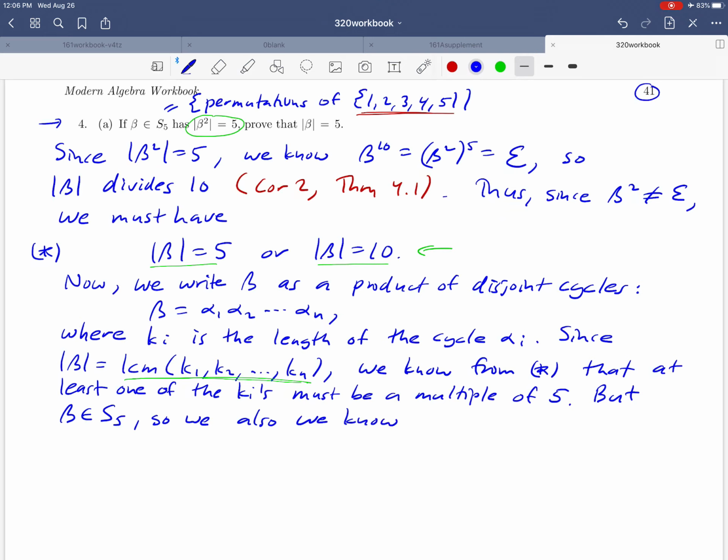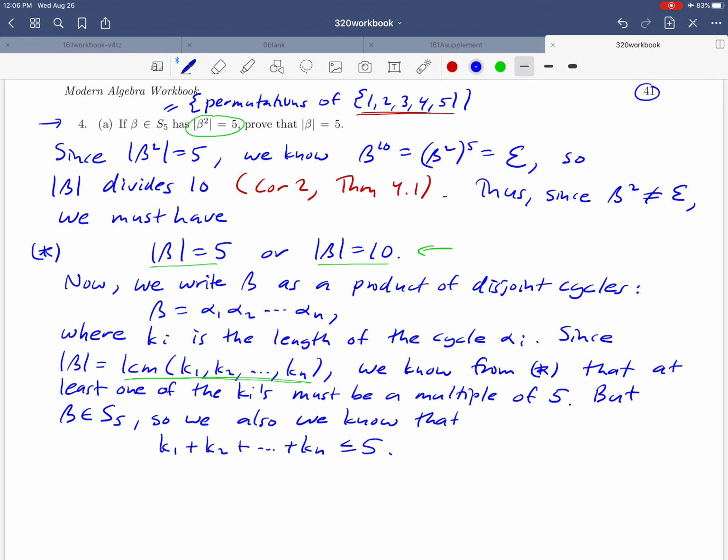You might recognize this logic from a previous problem. The sum of our cycle lengths can't be bigger than 5. After all, we've only got 5 elements. If those cycle lengths added up to something bigger than 5, then we'd have more than 5 numbers involved here.